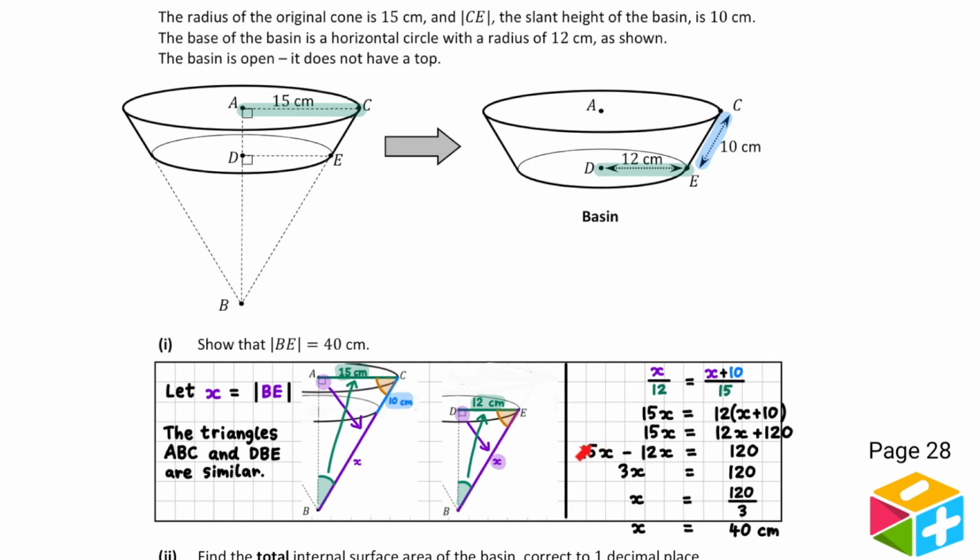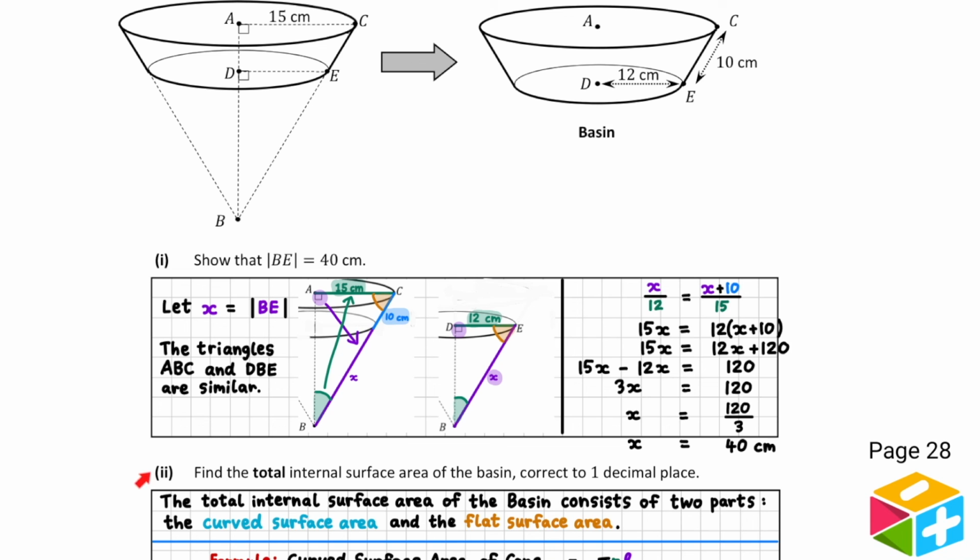As the next step, we can group our x terms together by subtracting 12x from both sides. 15x minus 12x simplifies to 3x. And as the final step, we can get rid of the multiplication of 3 by dividing both sides by 3. When we perform the calculation, we see that x is equal to 40 centimetres.